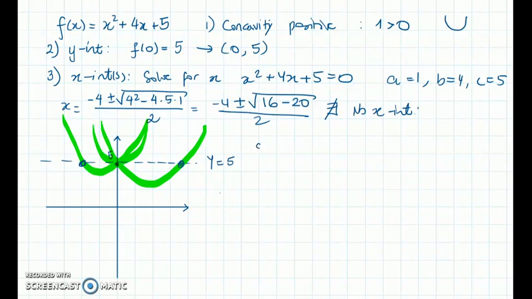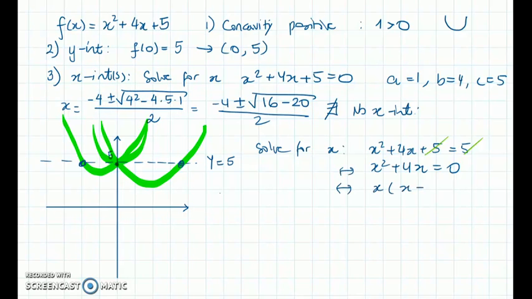So we need to solve for x. x squared plus 4x plus 5 is equal to 5. And of course, the 5s cancel. So we need to see when it's true that x squared plus 4x is equal to 0. And this is going to be true exactly when x times (x plus 4) is equal to 0. I just factorize this.